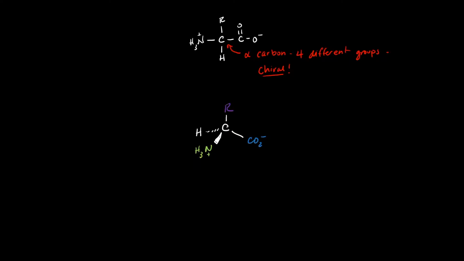So you may remember using R and S designations in organic chemistry. In biochemistry, we use L and D, which have to do with how the compounds rotate plane polarized light. But we won't go into the details of that. What's important to know is that we just have a single enantiomer.